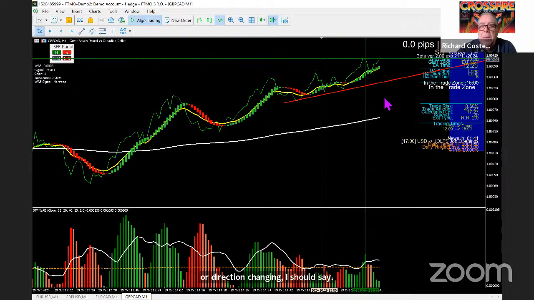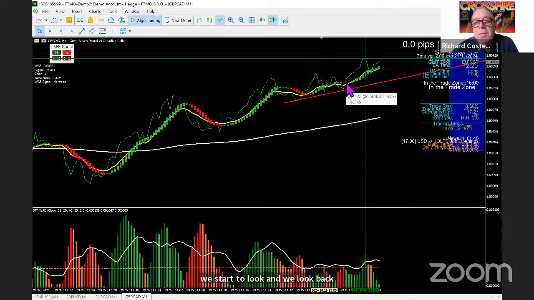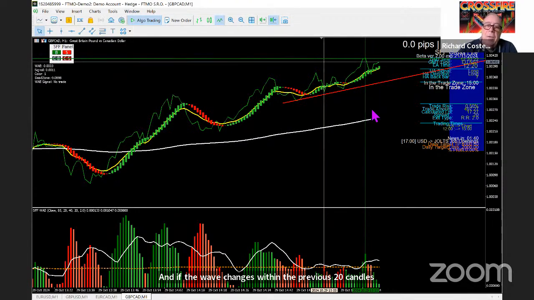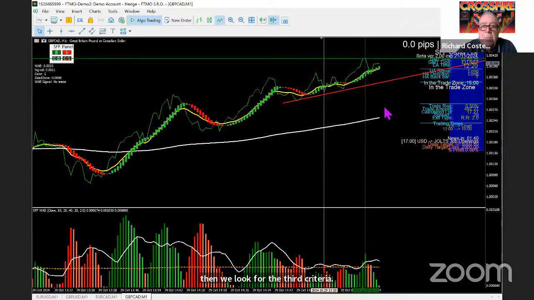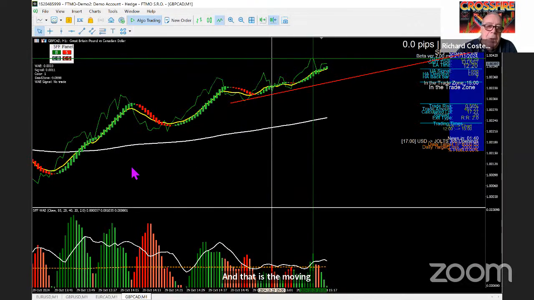So I'll just recap. Are we above the green trend line? No, we're not. Let's imagine we are above the green trend line. We start to look with that and we look back. And if the wave changes within the previous 20 candles, then we look for the third criteria. And that is the moving average crossover. What I mean by that is where the 13 moving average crosses over the 200 moving average.